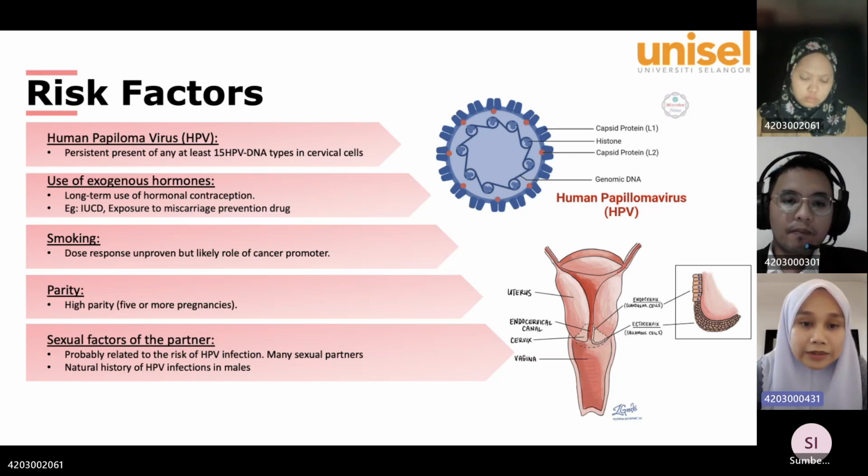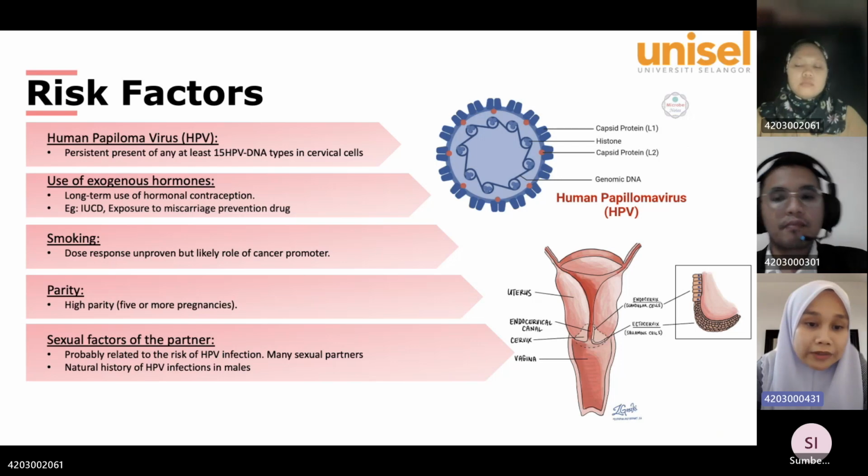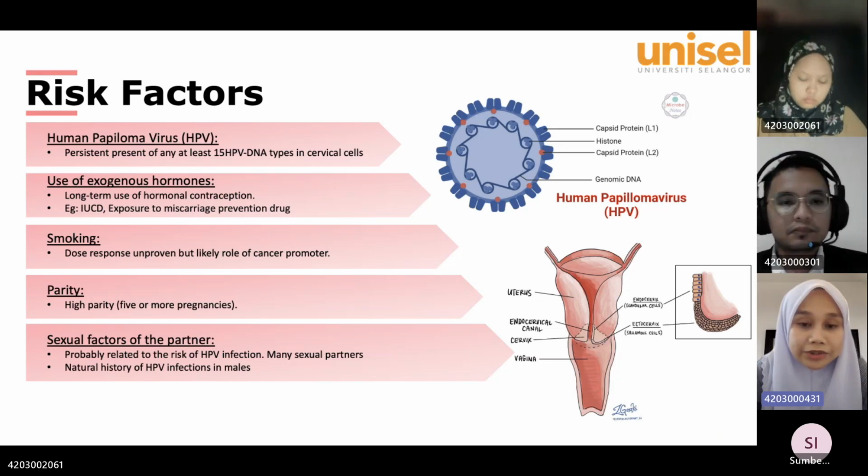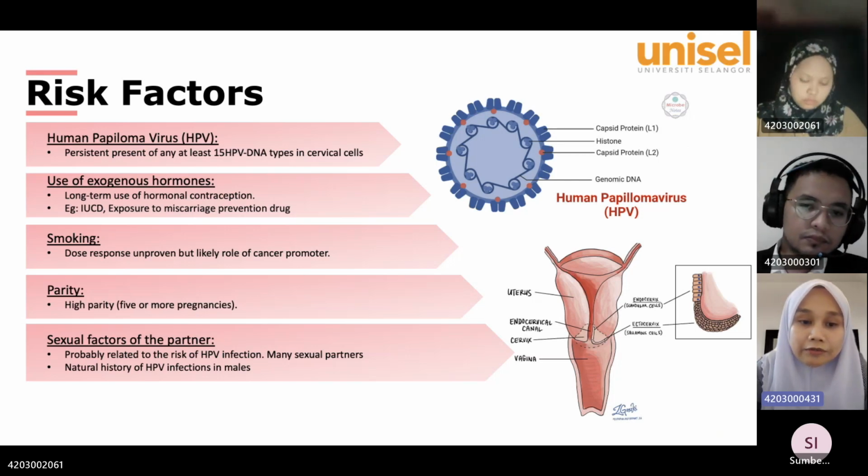Smoking, but this is a cancer promoter. Parity, that means the condition of having born children, 5 or more pregnancies. And last is the sexual factor of the partner, probably related to risk of HPV infection: many sexual partners, natural history of HPV infection in males.